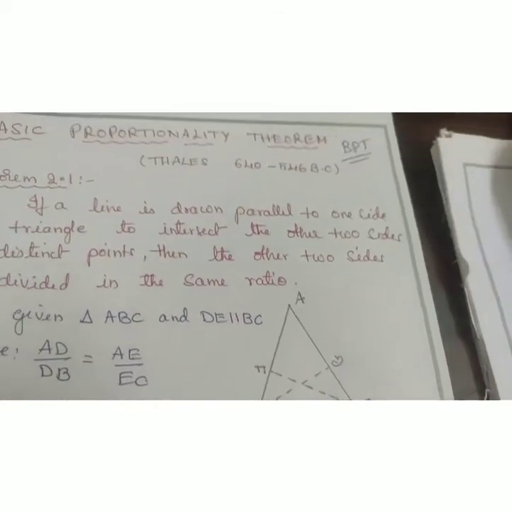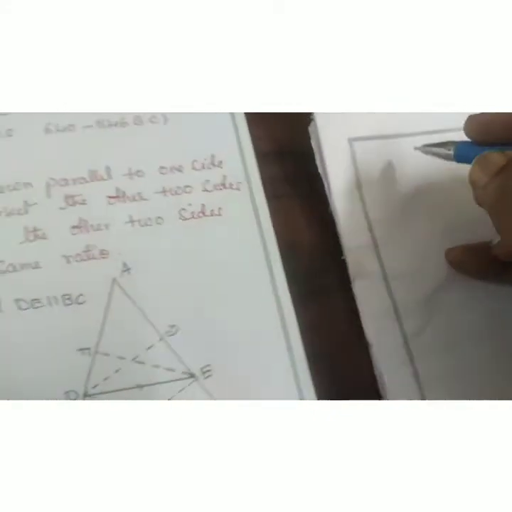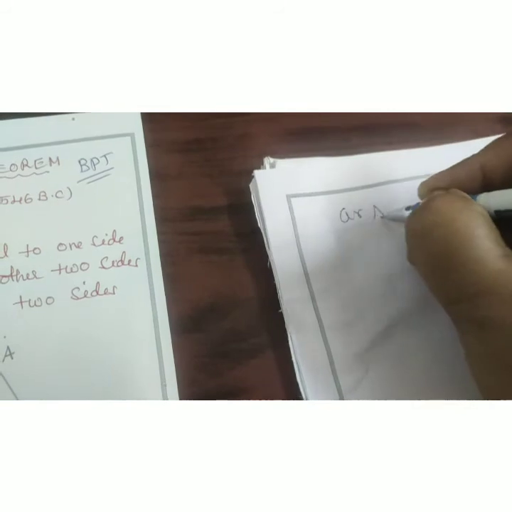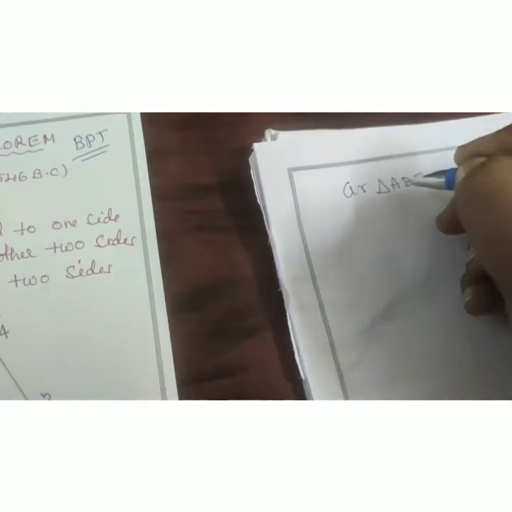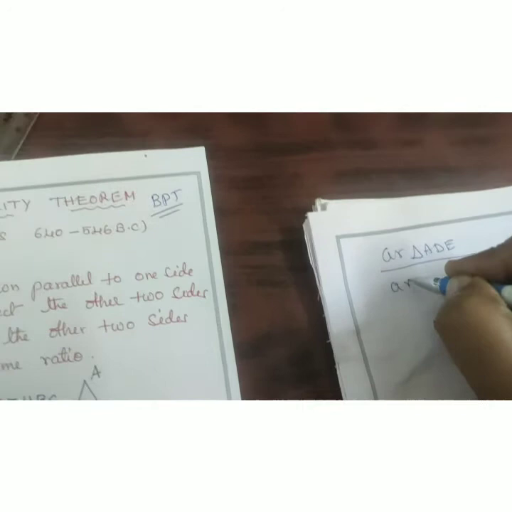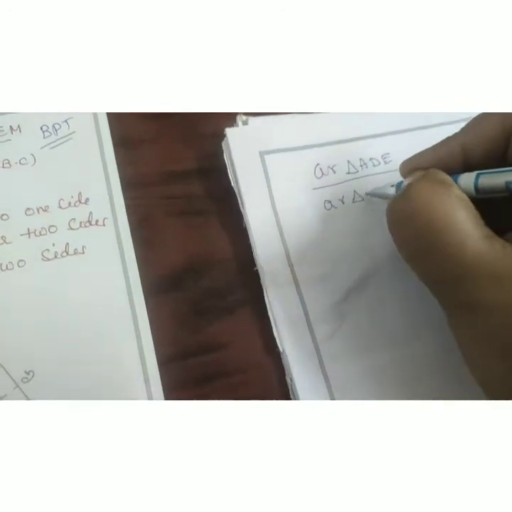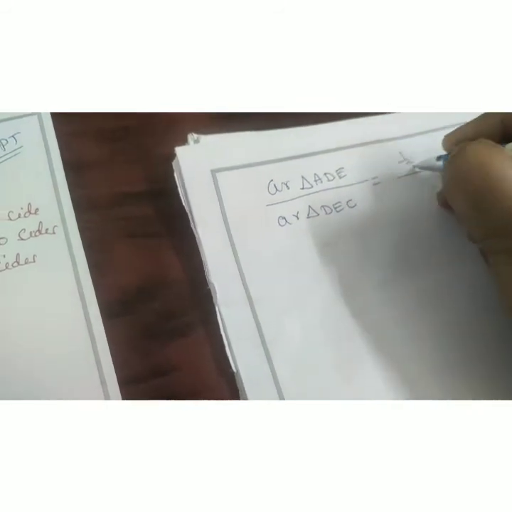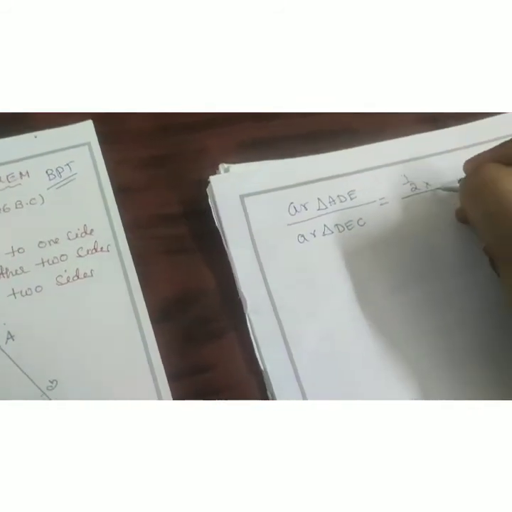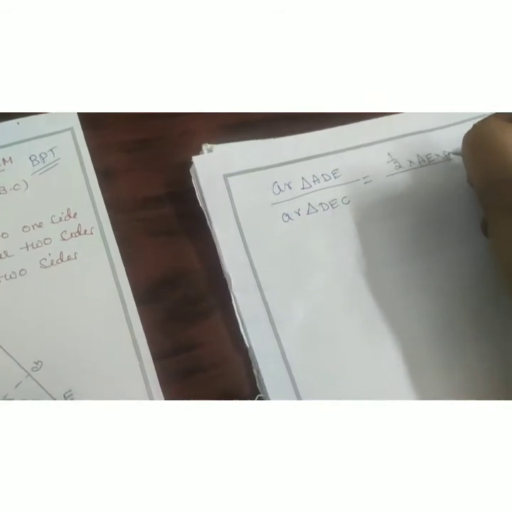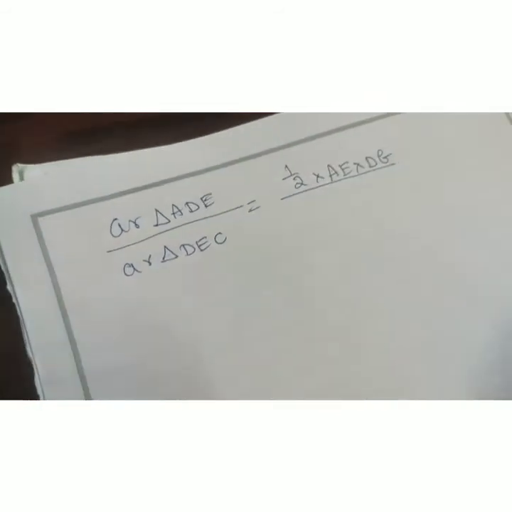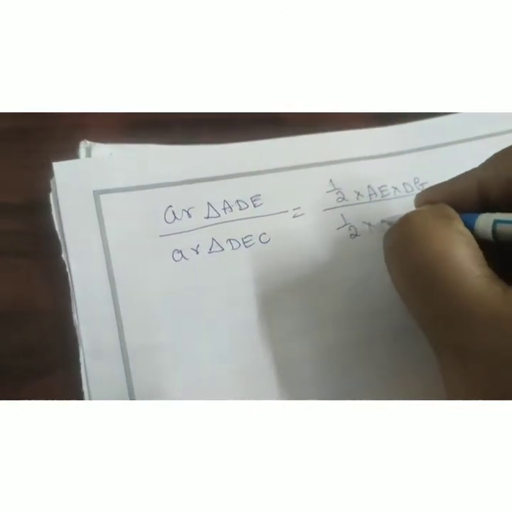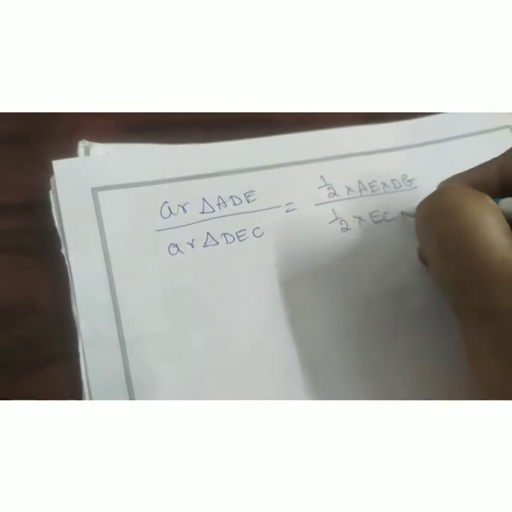So area of triangle ADE by area of triangle DEC is half into AE into DG by half into EC into DG.